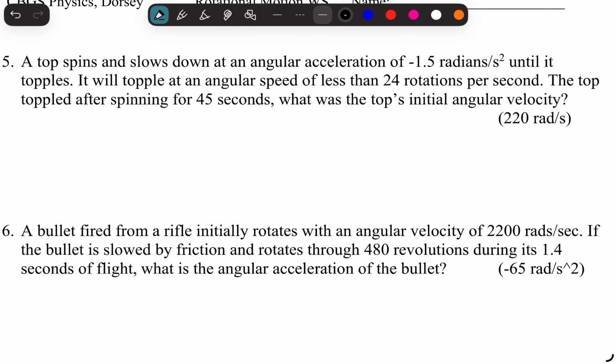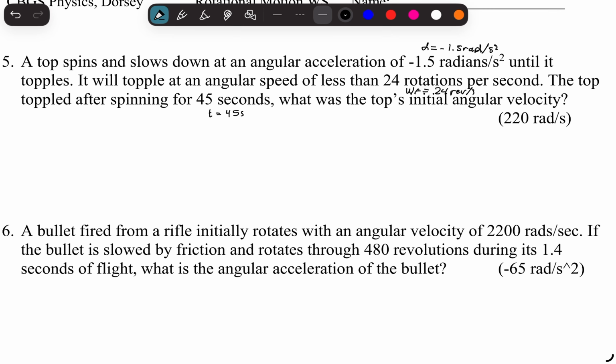Okay, so we're given that the angular acceleration is equal to negative 1.5 radians per second squared. We're also given that the time that it's spun for is 45 seconds, so that's our time interval. And we also know that our final angular velocity, omega f, is going to be equal to 24 revs per second, which was given over here.